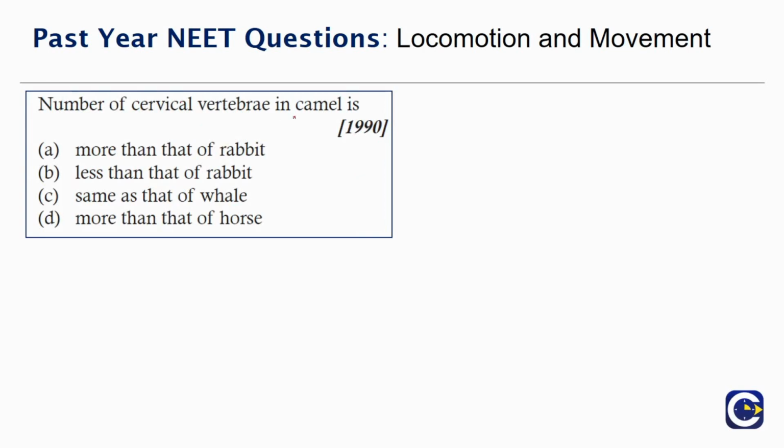Number of cervical vertebrae in camel is more than that of a rabbit, less than that of a rabbit, same as that of whale, more than that of horse. So this is quite a tricky question. This is basically a logical question. So we have to remember the fact that the cervical vertebrae in all mammals, bat, whale, camel, humans, is constant, that is 7.